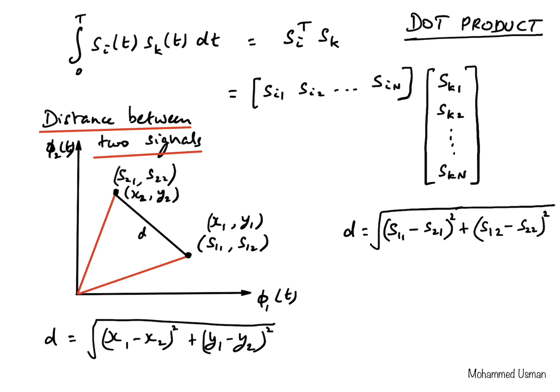And we can extend this idea if we have the signals as n-dimensional vectors rather than just 2 dimensions. So I've depicted here for 2 dimensions, and based on that we can extend this idea to multiple dimensions as well. So if we had, instead of s11 and s12 only, s13, s14 up to s1n, we can simply compute the distance d in general.